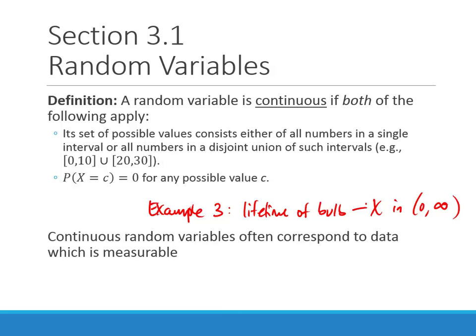We'll talk more about these later, but just to show you this is the other type. Continuous random variables often correspond to some data that you measure. So if I was interested in looking at the height of people or some more scientific measurement, that would probably be a continuous random variable.